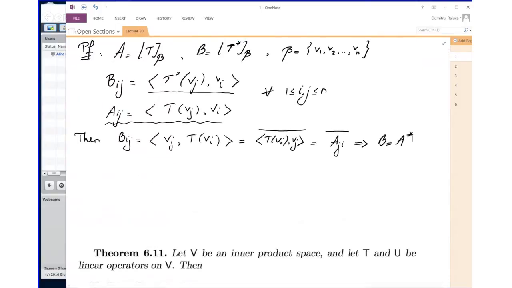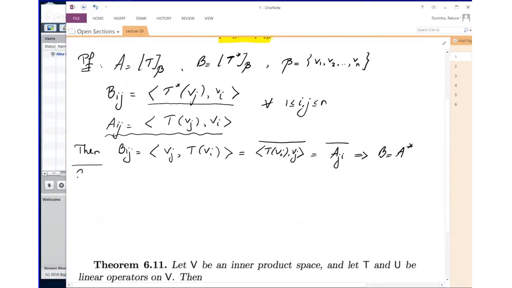And as a corollary, something similar works for matrices. In the sense that, remember the left multiplication operator, right?